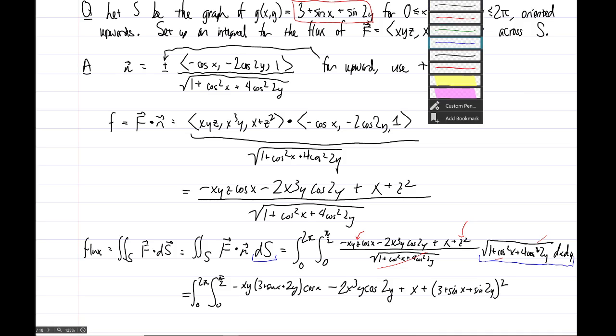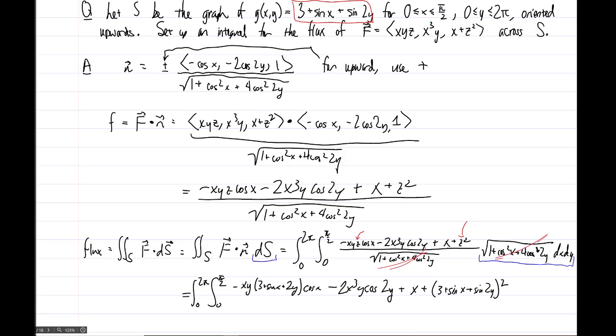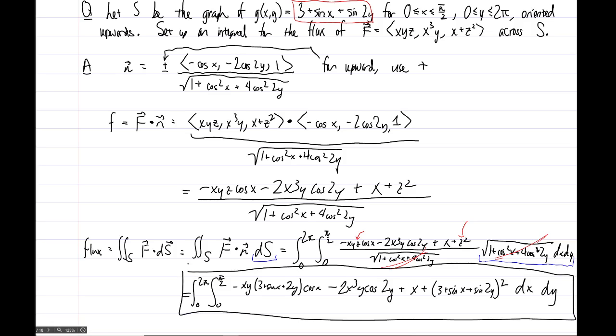We already canceled this with that, and what's left is dx dy. So let's stop our integral right there. We finally have as our integrand only x's and y's. And now we'll just move on to another sample problem.